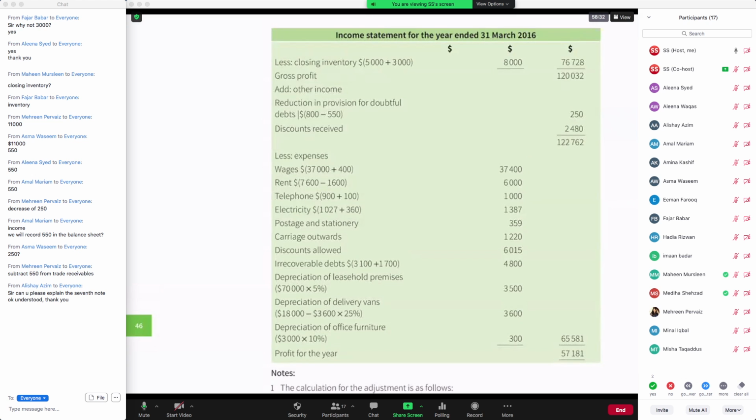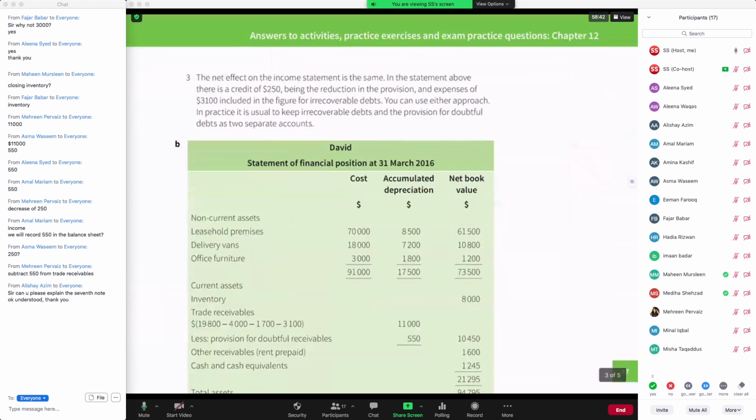Anyone else finishing up to that point? Maheen got it. Okay, so let me just show you the balance sheet here.